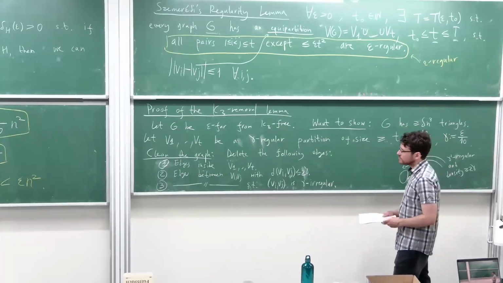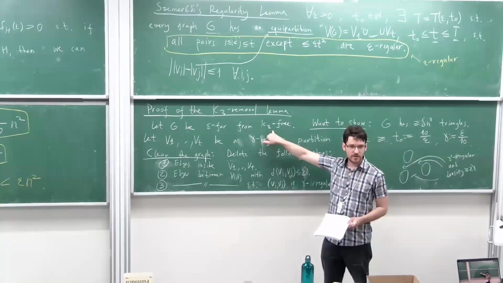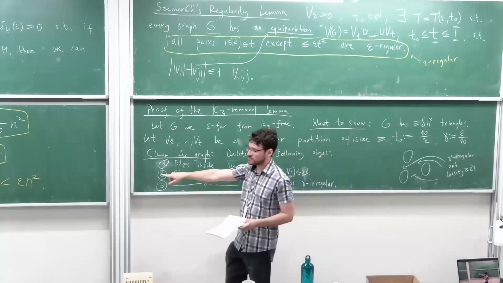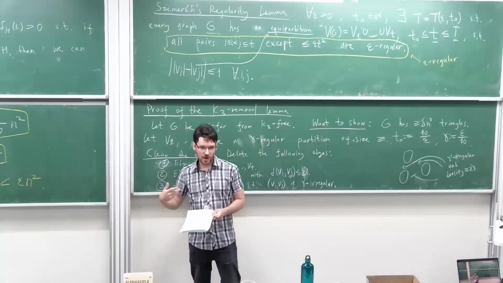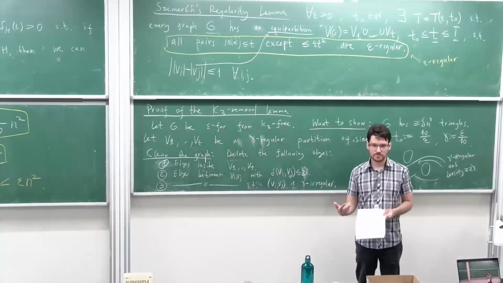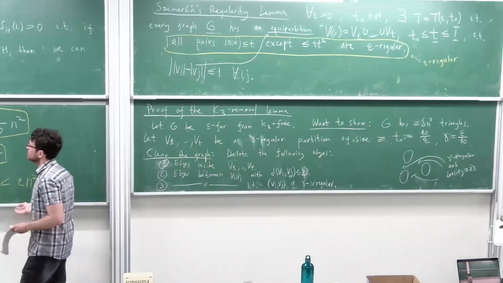Now, we started with the assumption that the graph is epsilon far from being triangle free. That means that we cannot make it triangle free by deleting so few edges. So after we clean the graph, there must still be a triangle. Okay, let's do that.